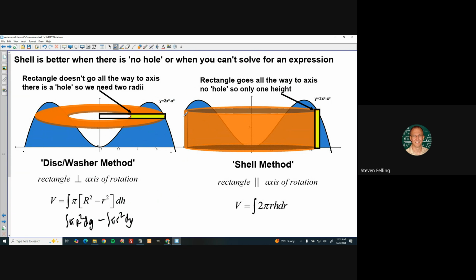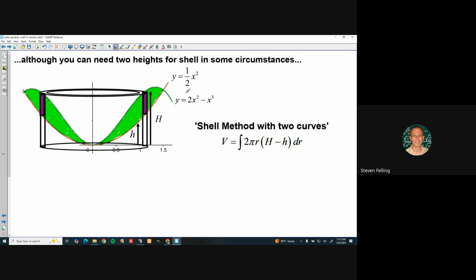And even though problems on the AP Calc exam can always be solved with disk, they're okay with it if you use shell. Sometimes it's easier to use shell, so you're allowed to use shell on the AP exam if you would like. Okay, let's look at another example.